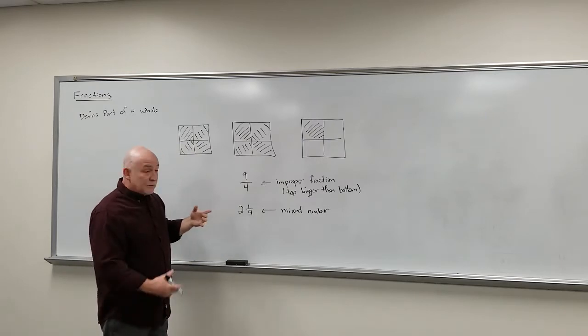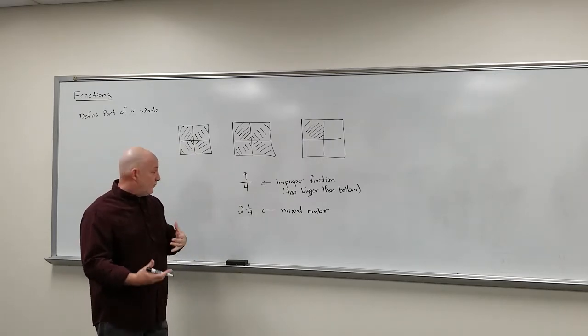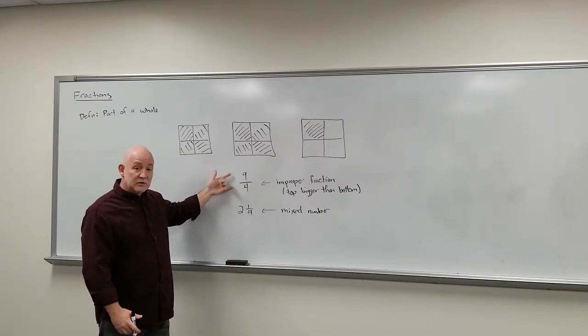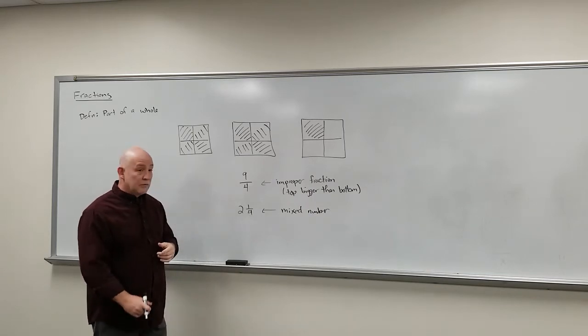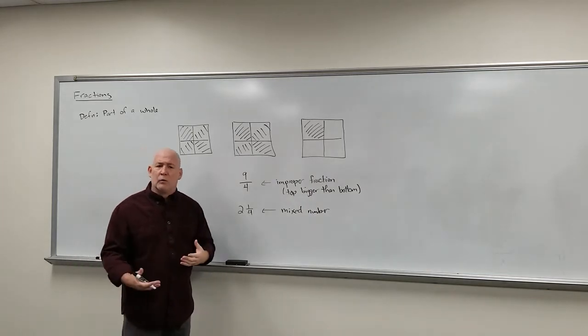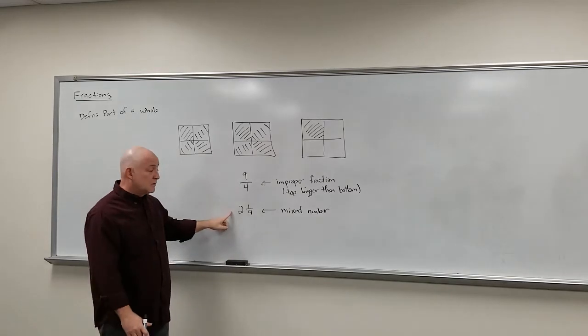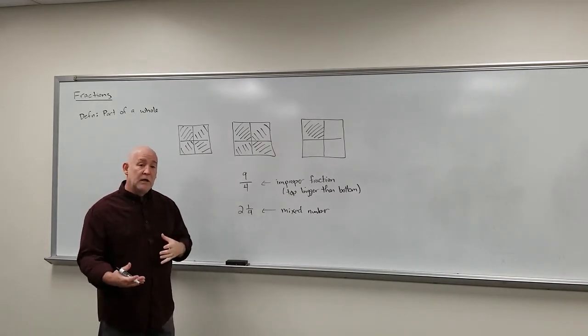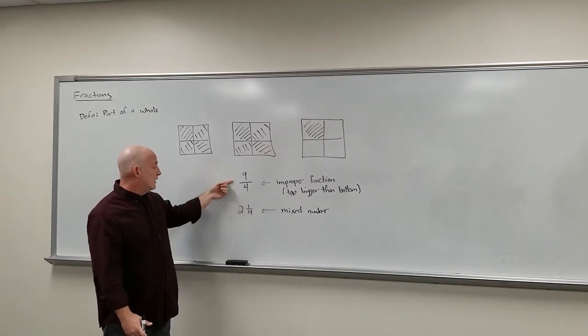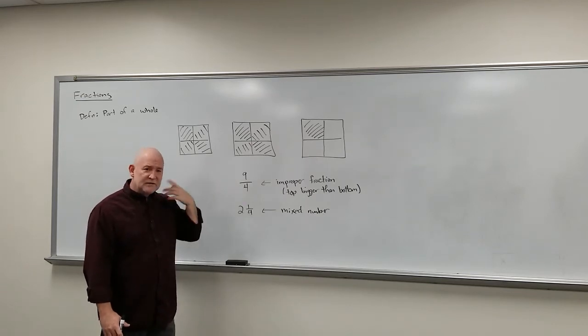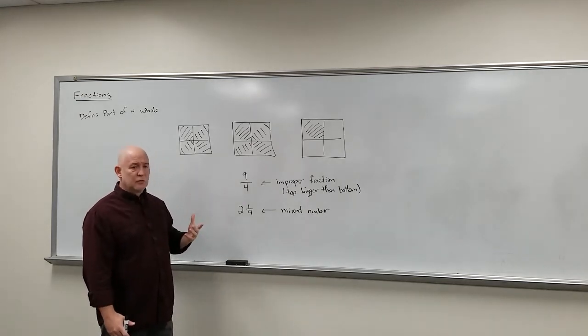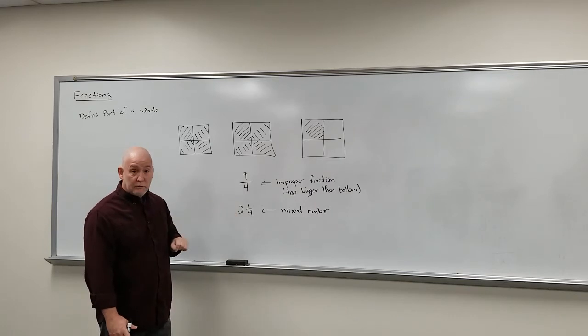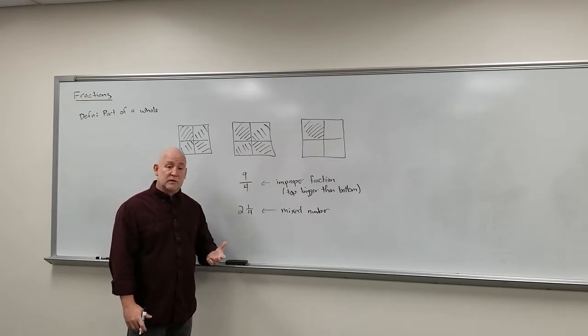To be honest, if you're actually doing arithmetic, math with things, improper fractions are a lot better. However, if you were doing something a little bit more real world, like baking a cake, mixed numbers are actually much better. I mean, think about it. If you were baking a cake and it said, give me 9/4 cups of flour, that's not really instinctual. I'm not real sure what that is, but if it said, give me 2 1/4 cups of flour, that would make a lot more sense in that situation.